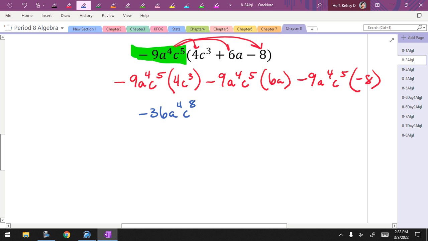Nicely done. Who's got the next one? Okay. Negative 54. Good work. Who's got the last one? Positive or negative?